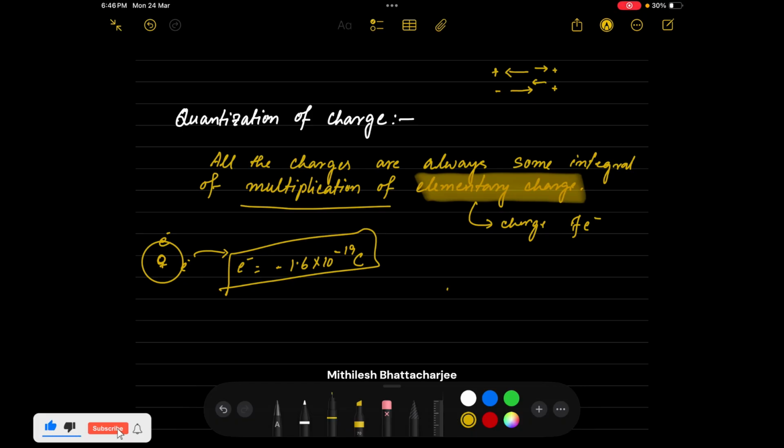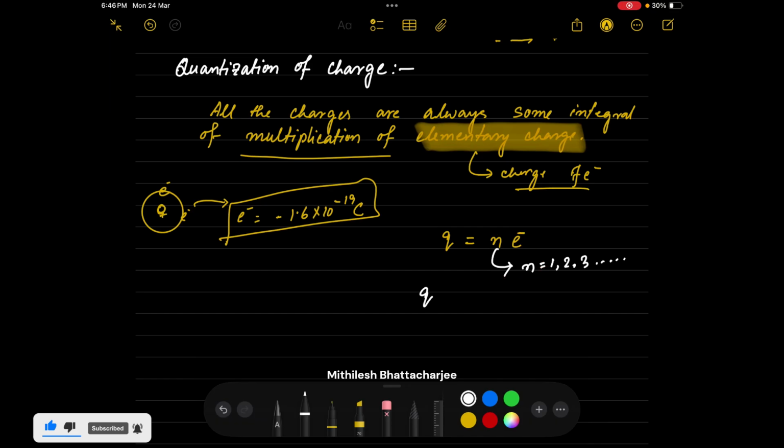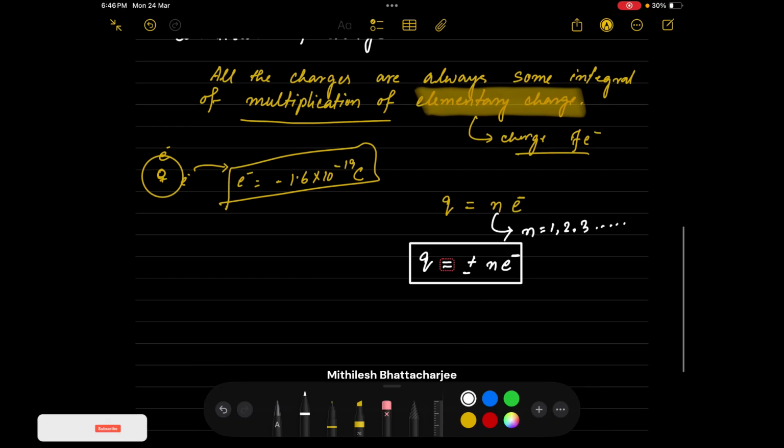Means if we consider a charge q, the charge q will be some integral multiplication of the charge e, which is the electron charge, and n will be 1, 2, 3, and so on. So we can say q is equal to plus or minus n e. This is known as the quantization of charge.